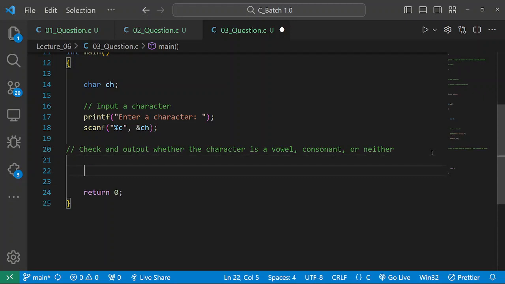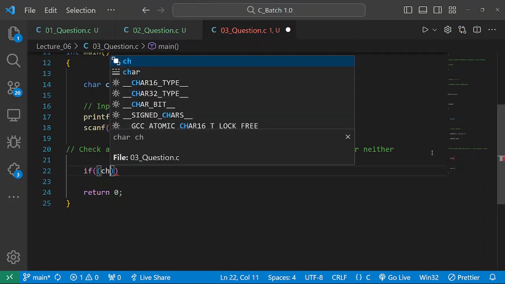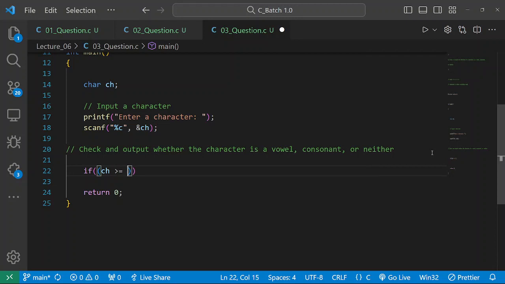So I will begin with my code here. Just pay your attention. Here I'm writing if. Now please focus here. These conditions are very important. If your character, that is your ch, is greater than or equal to a, and your character should be less than or equal to z.